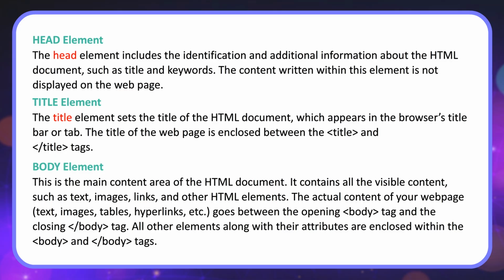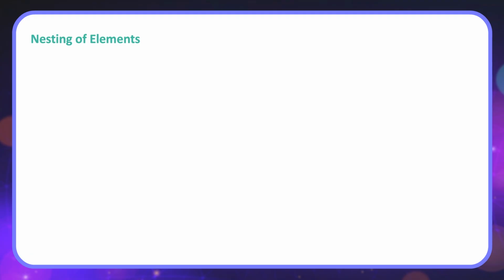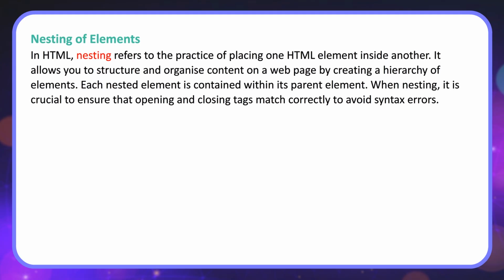All other elements along with their attributes are enclosed within the <body> and </body> tags. Nesting of elements. In HTML, nesting refers to the practice of placing one HTML element inside another. It allows you to structure and organize content on a web page by creating a hierarchy of elements.